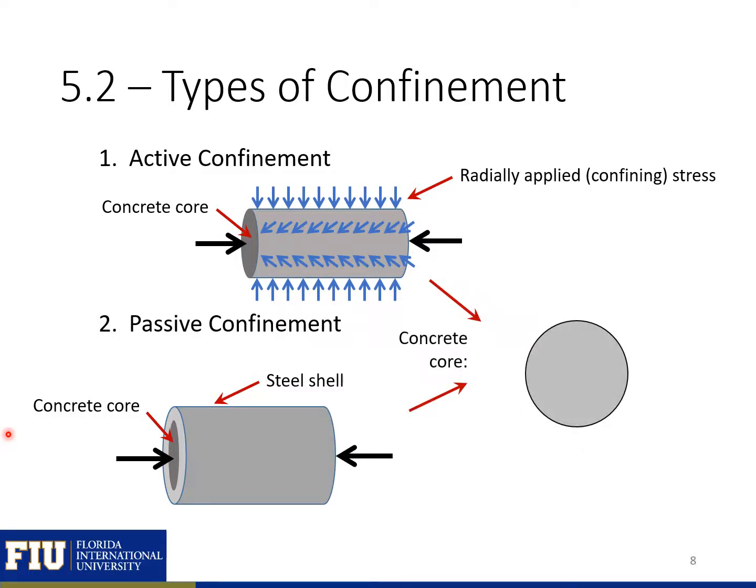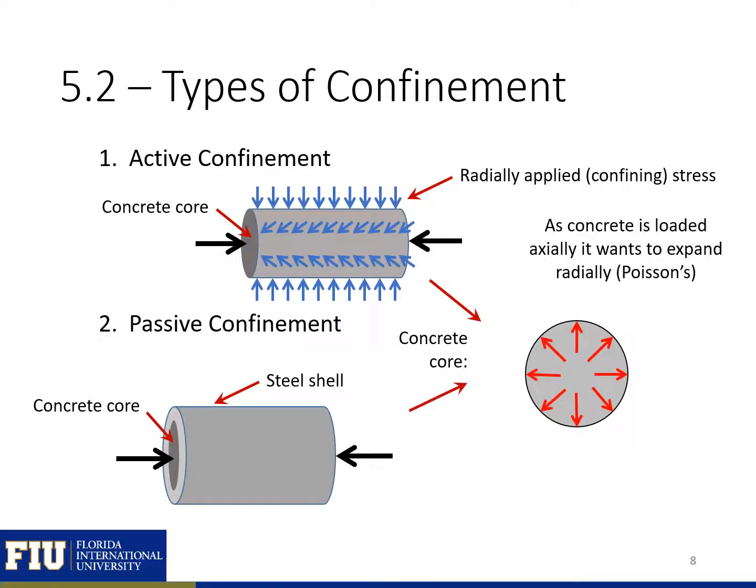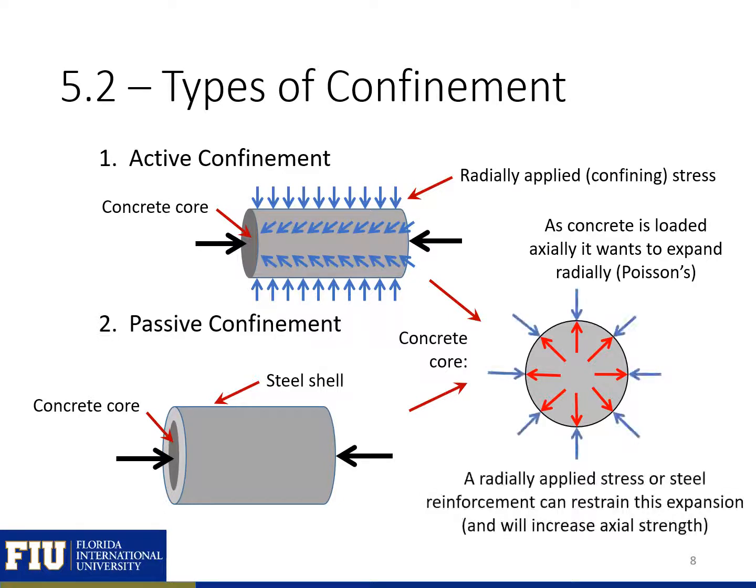Passive confinement is when we have our concrete core and we have some kind of steel or reinforcement surrounding the core. What happens is the concrete core wants to expand. So as the concrete's loaded, it wants to expand laterally by a Poisson's ratio.